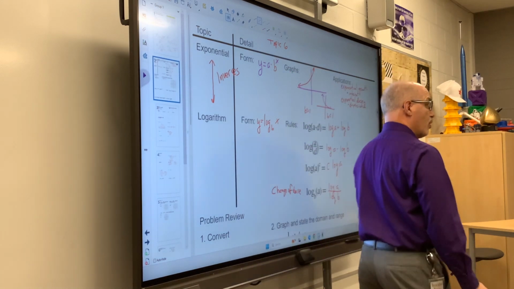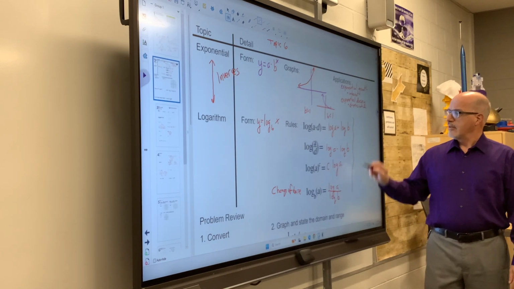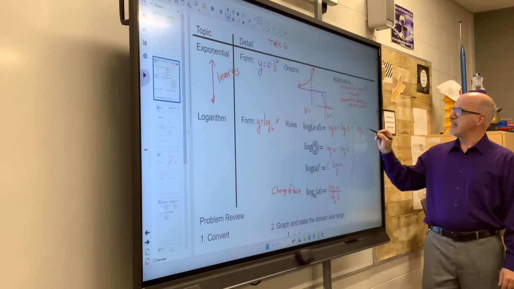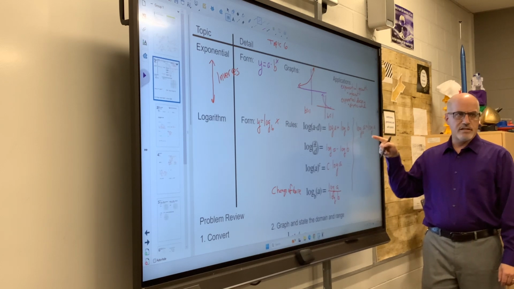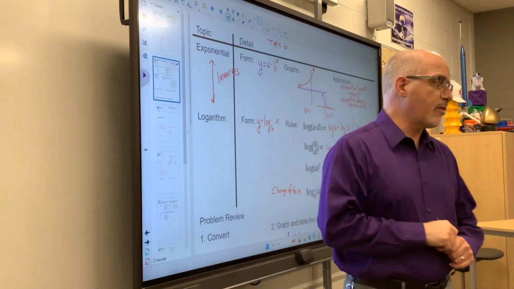So when there's no base listed, log base 10 of a is the same as just log of a. No base listed, it's base 10. Okay, that's something that we learned.